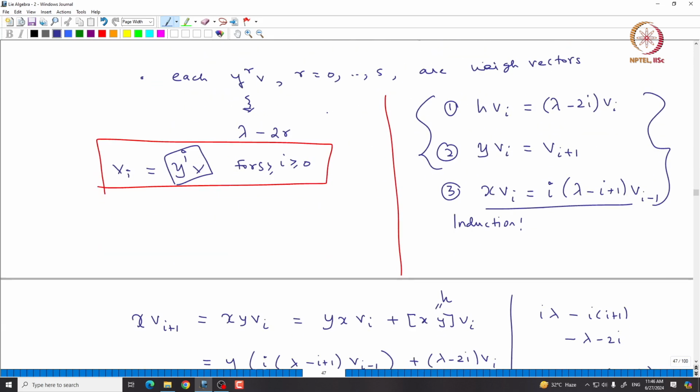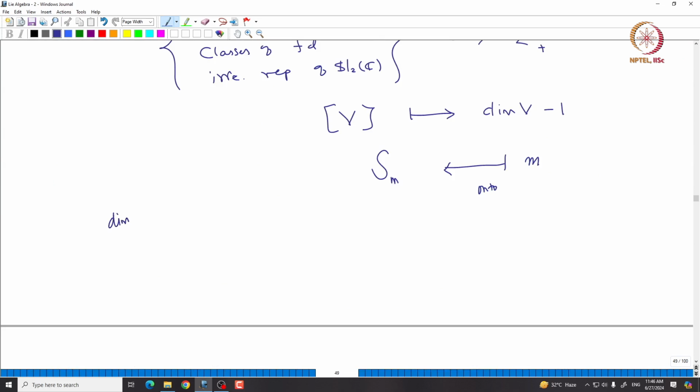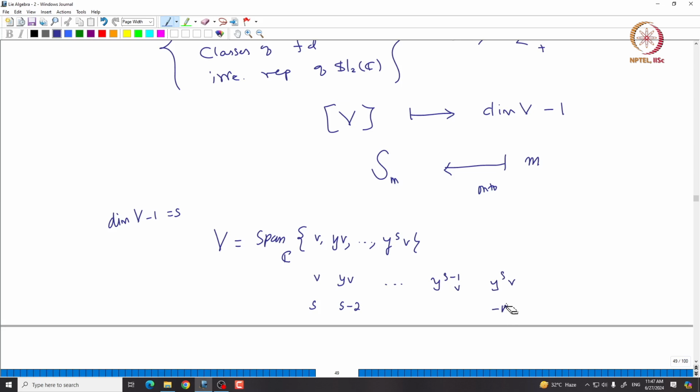Now what are all the weights of this representation v? If dimension of v minus 1 is s, then v has this basis v, yv, and so on up to y power s v, where v has eigenvalue s, yv has eigenvalue s minus 2, and so on, y power s minus 1 v has eigenvalue minus s plus 2, and y power s v has eigenvalue minus s.